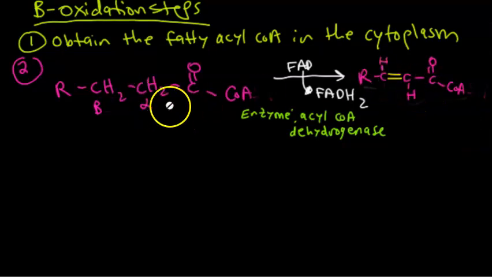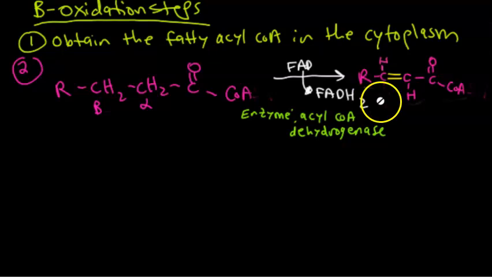Remember, we had the alpha carbon next to that C double bond O carbon, and the beta carbon, which was 2 carbons away. So you form a double bond between the alpha and the beta carbon. This is an oxidation step because the fatty acyl-CoA gets oxidized, whereas FAD gets reduced to FADH2. So in this step, the FAD takes the H's from the fatty acyl-CoA and puts them into FADH2.